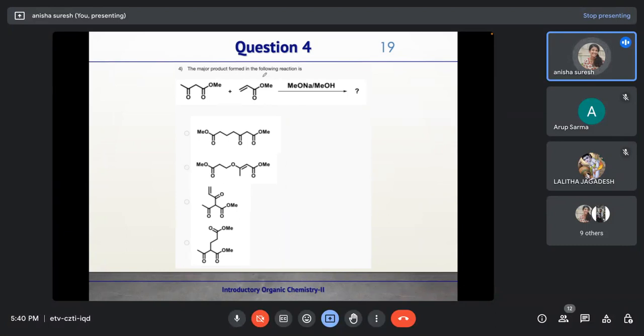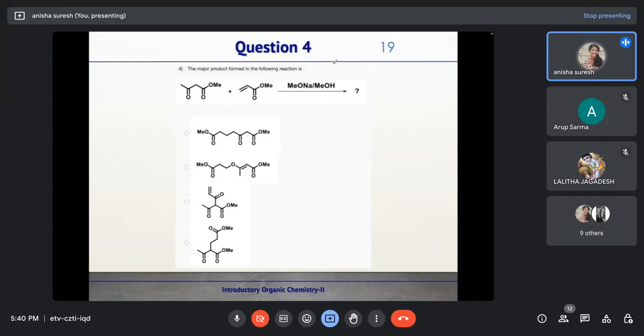The major product formed in the following reaction is... So here we have an active methylene group and a conjugated alpha beta unsaturated ketone. So we are treating it with NaOMe in presence of methanol.